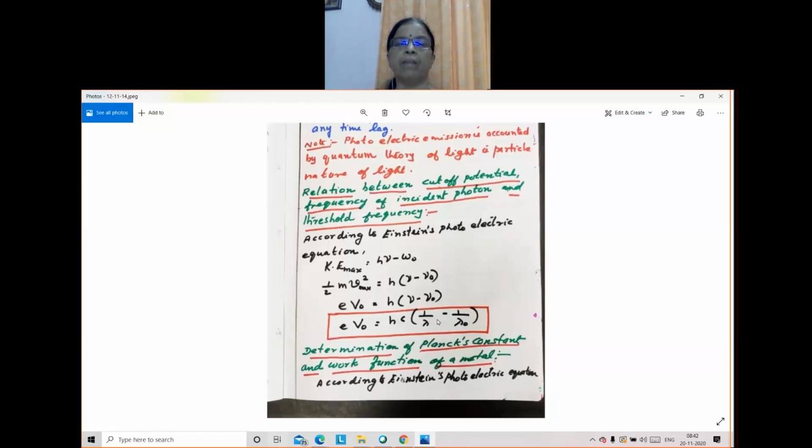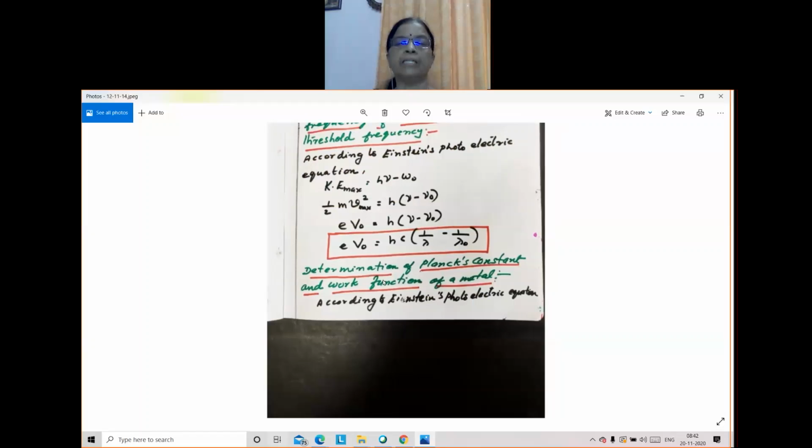So eV0 equal to hc into 1 by lambda minus 1 by lambda 0. This is in terms of wavelength, this equation. This is in terms of frequency. So the Einstein's equation we are writing in different forms. Okay.